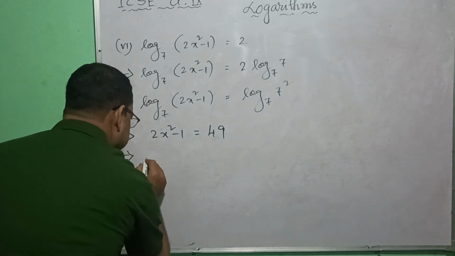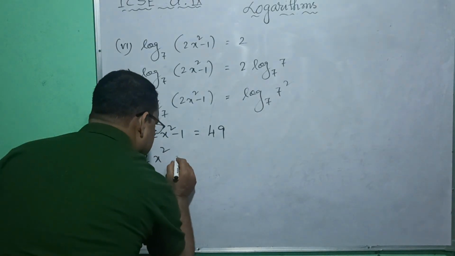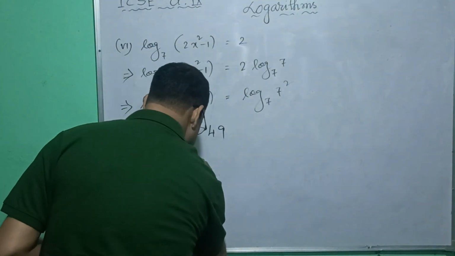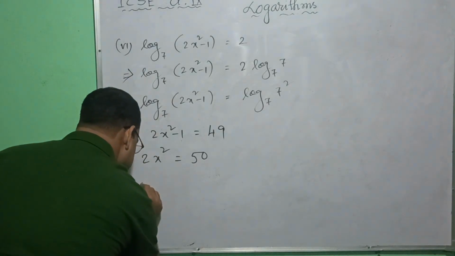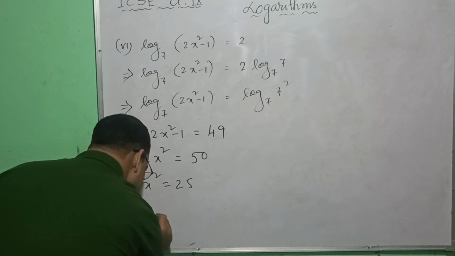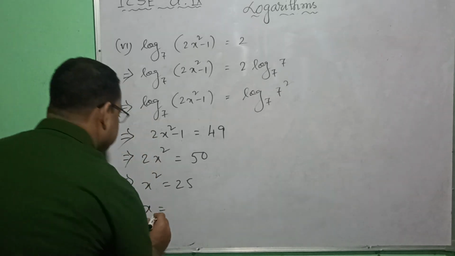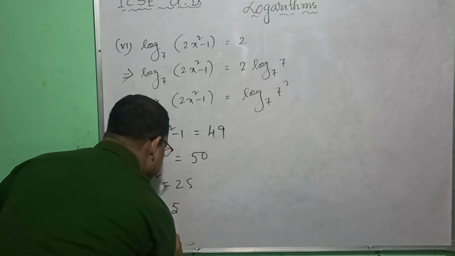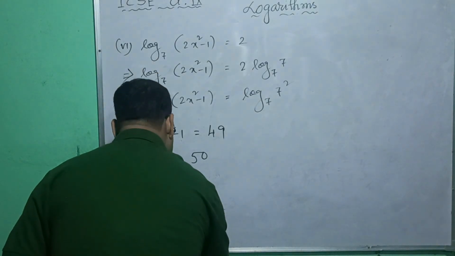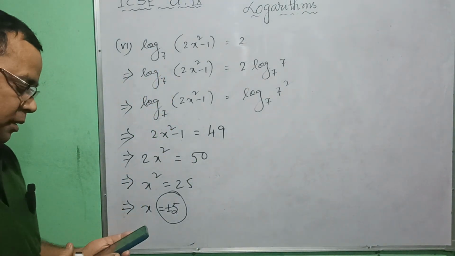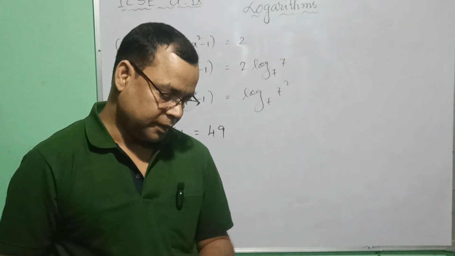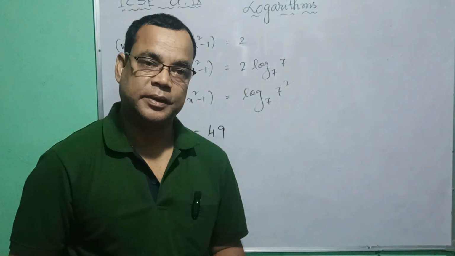This implies 2x square equal to 50. This implies x square equal to 25. This implies x equal to 5. So this is the value. We can use plus minus 5. So this is the value of x in question number 6. So we have just solved question number 7. In the next video we'll start from question number 8.